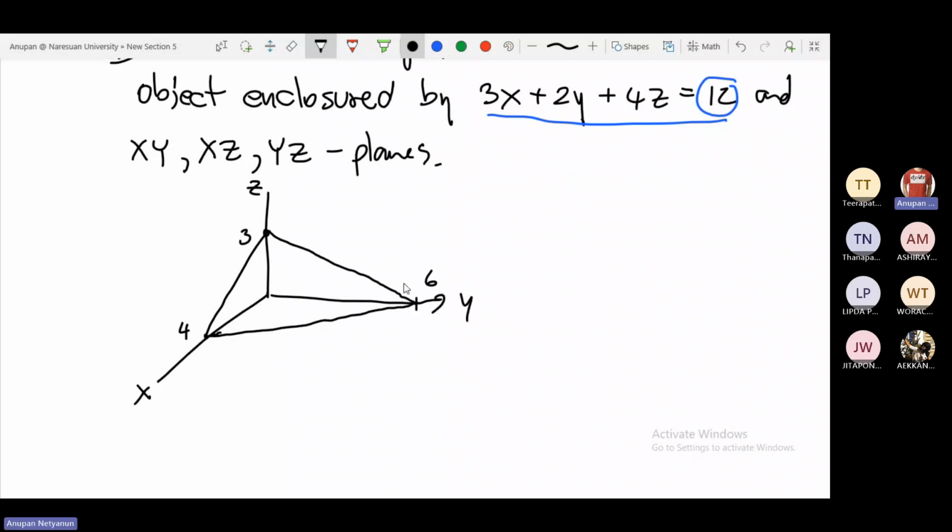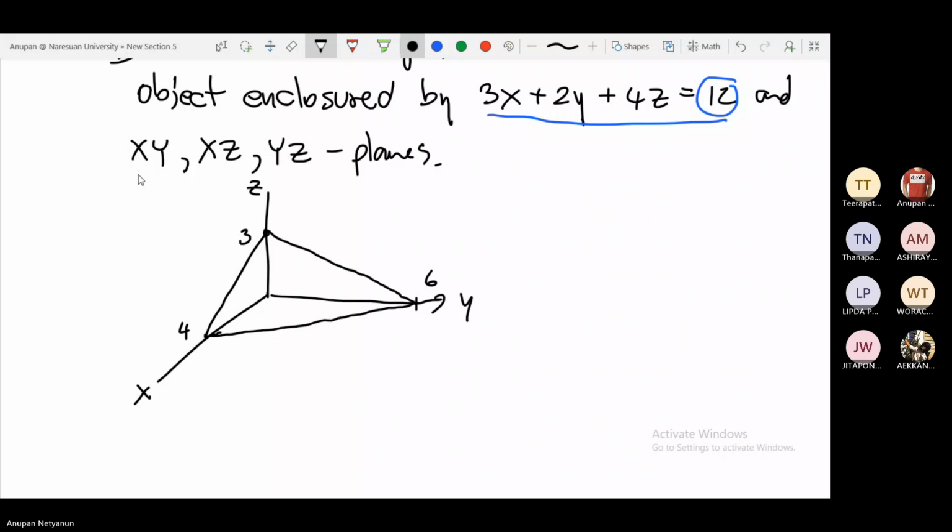Right? And when you want to get the whole plane, you just stretch all the sides of the triangle, right?